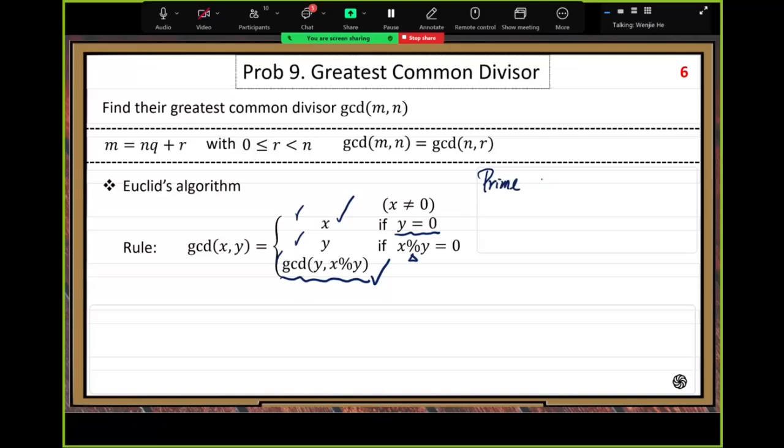As I told you before, prime factorization is extremely slow.